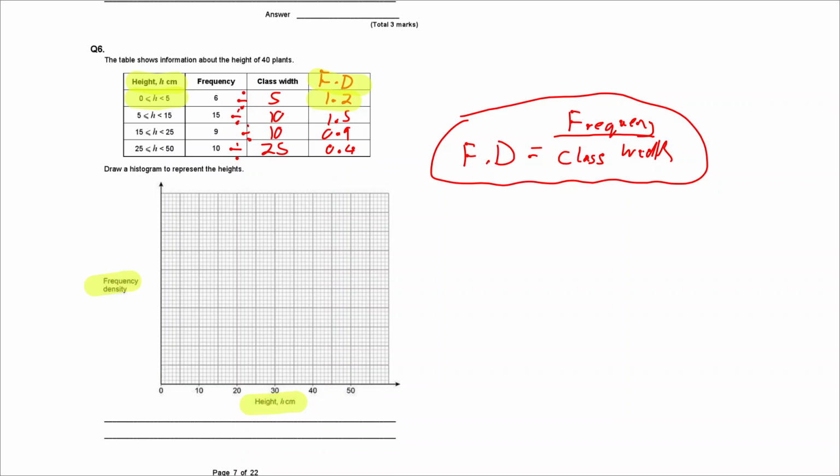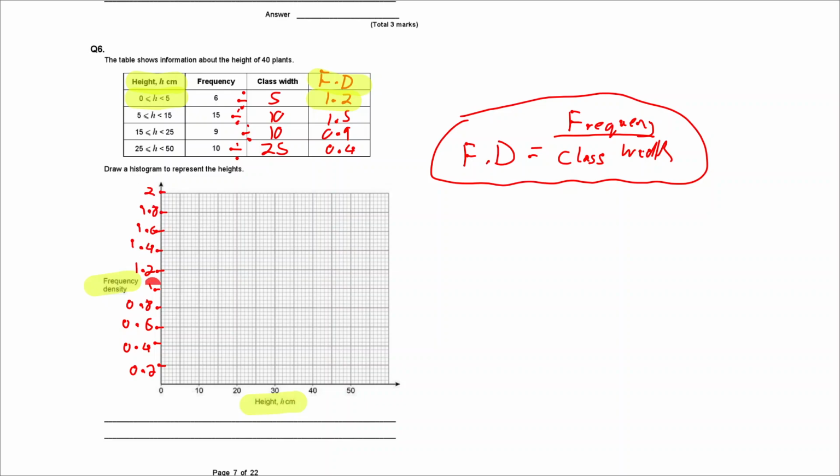You want to make it as big as you can. Let's make it a little bit neater for you guys. Sorry, I'm being really rushed now. Let's make this one 0.2, then 0.4, 0.6, 0.8, 1, 1.2, 1.4, 1.6, 1.8, and let's make that 2.